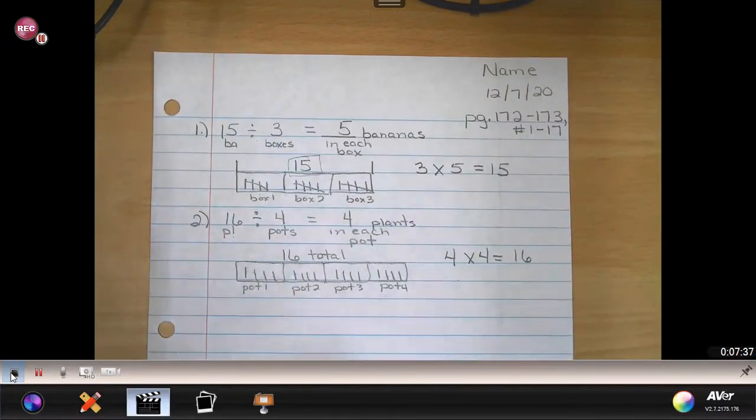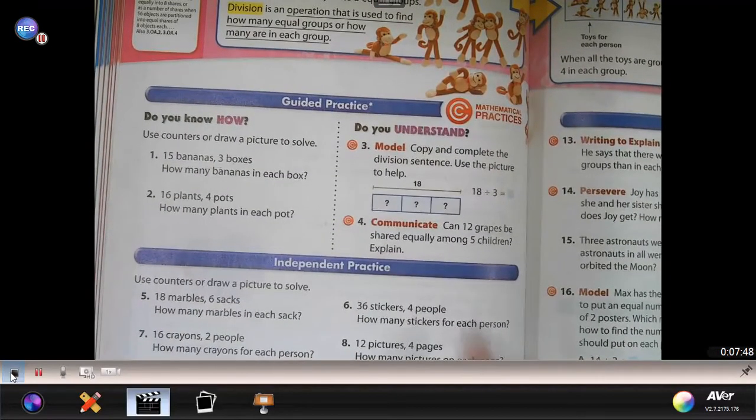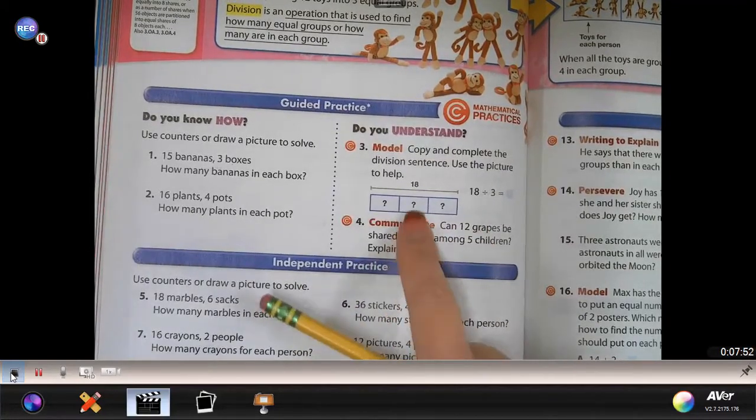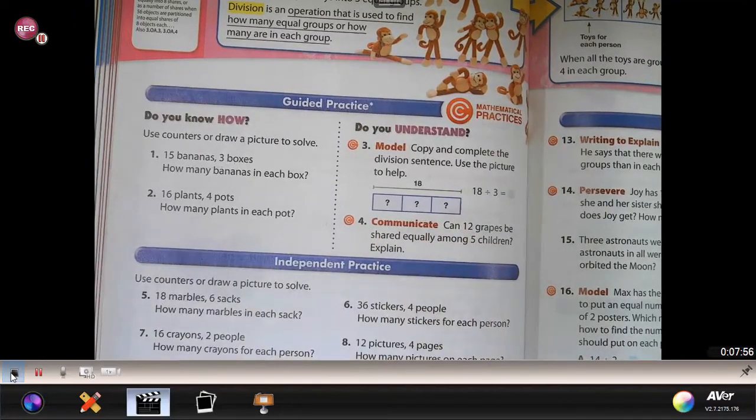Number 3 is a bar diagram, and it asks us to complete the bar diagram. So you'll notice that they're taking 18 of something and they're putting it into 3 equal groups. We want to know how many are going to be in each group.